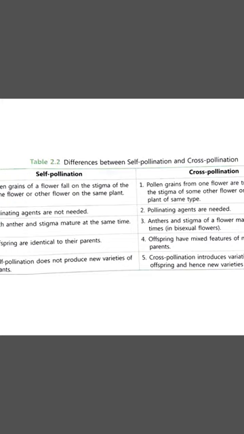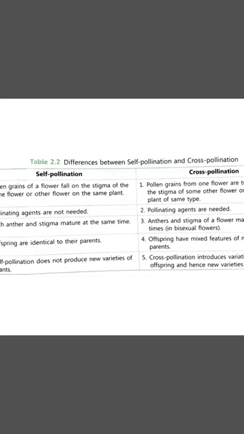And in cross pollination, the pollen grains from one flower are transferred to the stigma of another flower on a different plant of the same type, or the same species. Pollinating agents are not needed in self pollination, but in cross pollination, agents are needed.